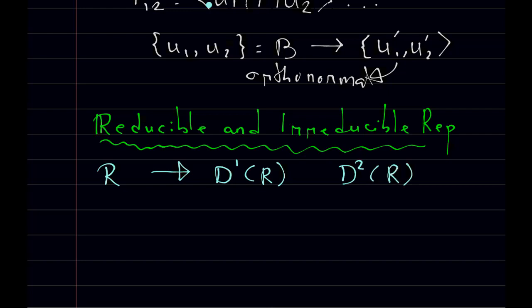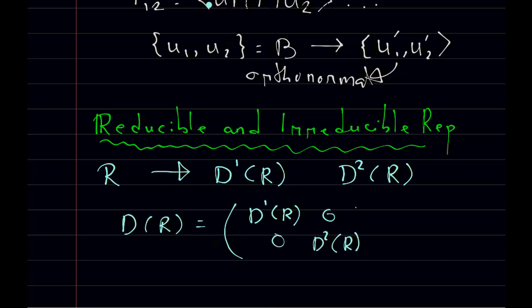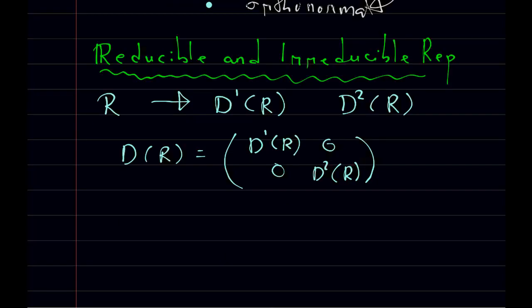Now, I also said that you can form a higher dimensional representation of R in a very simple way: you just write this representation here and put 0 here, and this representation here, and then this can form a three-dimensional representation of the same operator. Why three-dimensional?